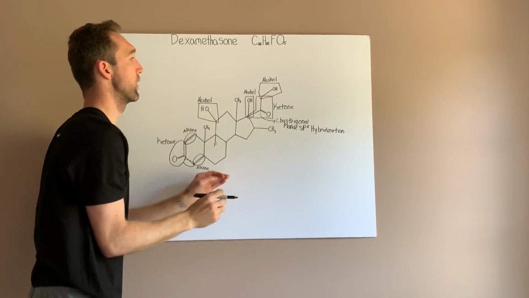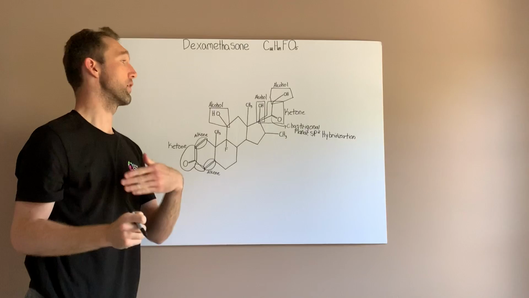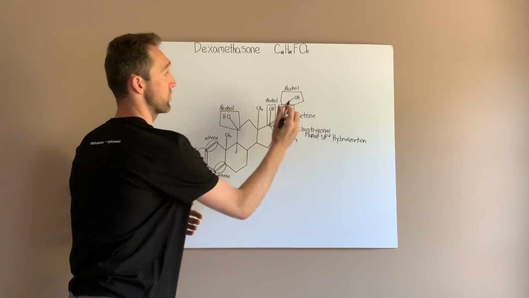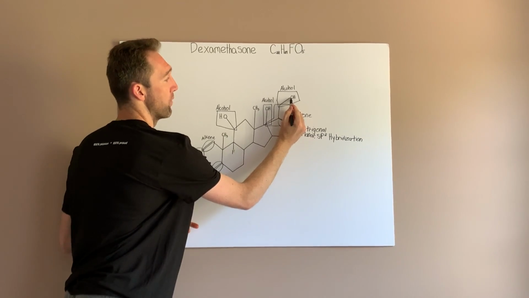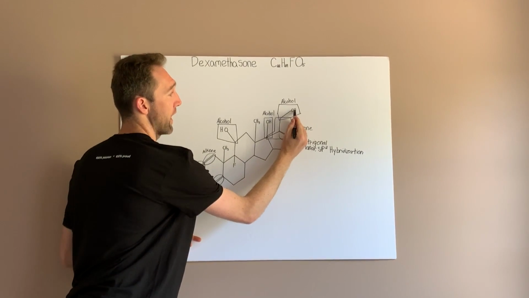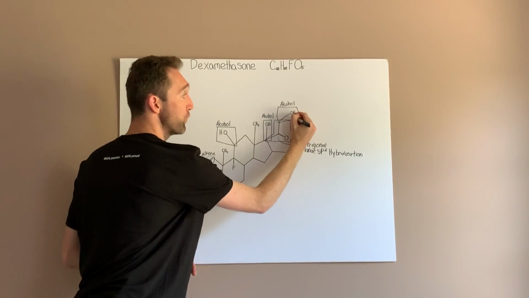And for our non-carbon central atom, I'm going to focus on this oxygen up here. So this oxygen has a bond to carbon here and hydrogen here, and it also has two lone pairs to fulfill its octet.